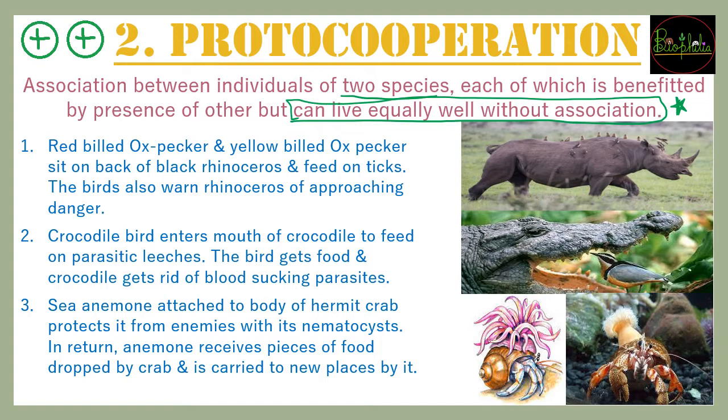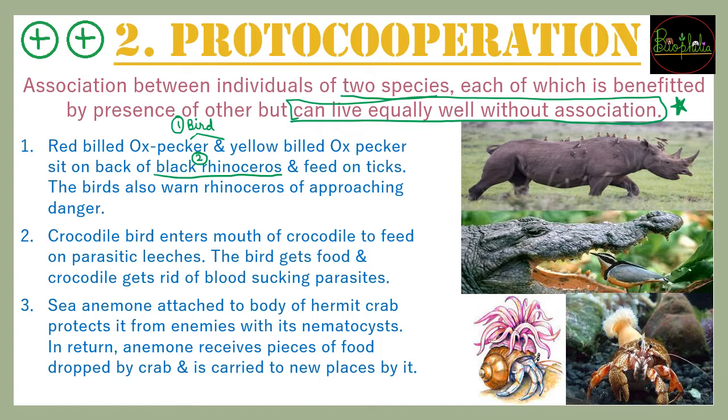Examples of protocooperation in animals are the red-billed oxpecker and the yellow-billed oxpecker. These are the two birds sitting on the back of the black rhinoceros. So exactly which species are there? Two species of birds and one black rhinoceros. The birds sitting on the back of the rhinoceros can fly faster and reach longer distances.